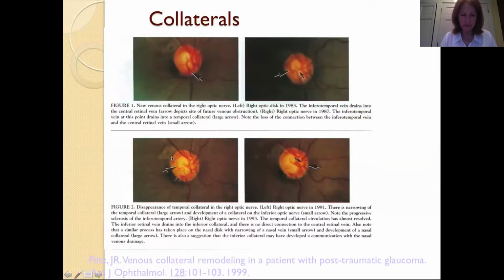This was a paper we wrote some years ago, which showed over time complete rearrangement of the vessel pattern in this patient with collateral development. Never had a central retinal vein occlusion, never had a tumor.